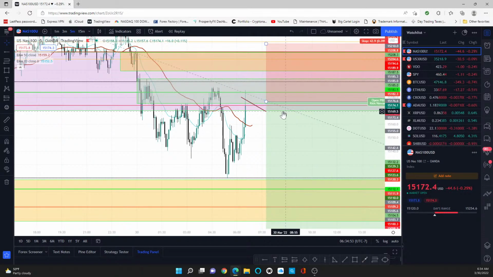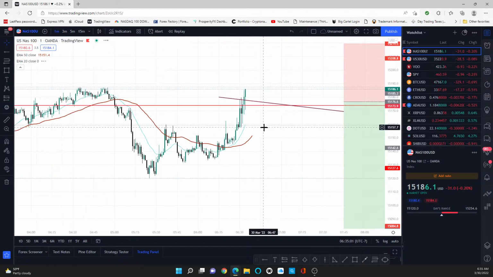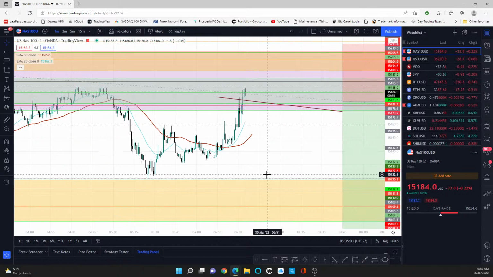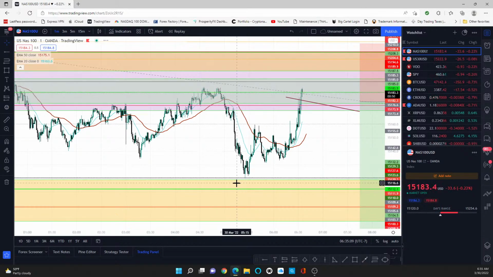So we got 8 seconds left. I mean, it's a decent wick, right? Oh. And see, that's, damn. Yeah, look at that. And you could see it's pushing back up. I mean, damn, I guess it kind of tapped this area, but I don't know.